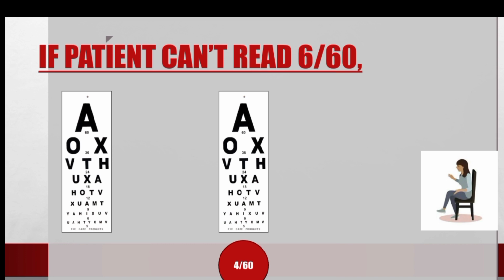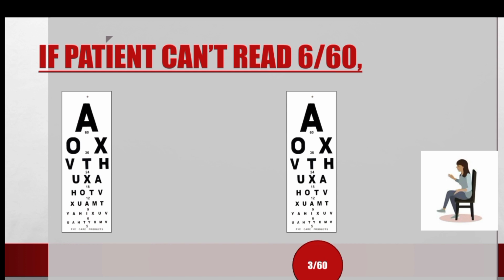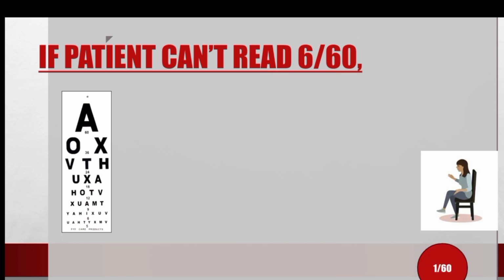If the patient cannot read, then we continue to decrease the distance from 4 meters to 3 meters, from 3 meters to 2 meters, and from 2 meters to 1 meter, recording it as 1/60. Okay, so if the patient cannot read 6/60, we need to decrease the distance between the patient and the visual acuity chart up to 1 meter.